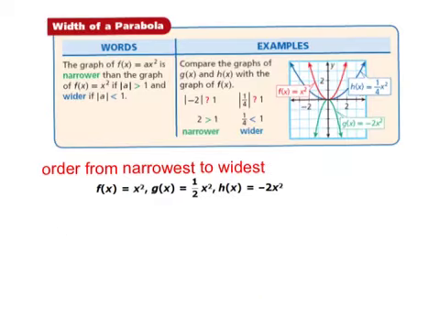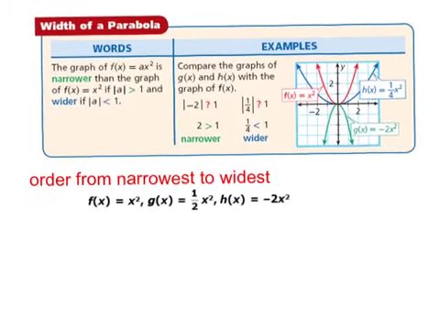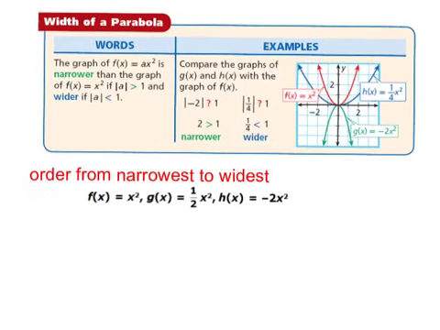So the first modification, if you will, of a parabola is what we can do with the width. So we can change how wide it opens or how narrow it opens. And if we look at this example here, what it's showing us is that we look at the value of a.